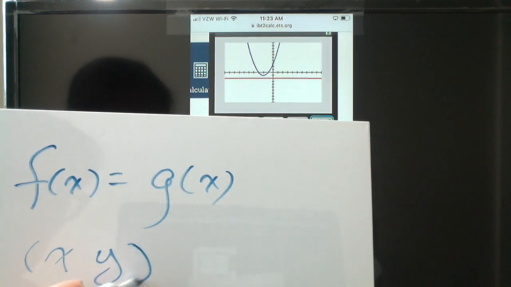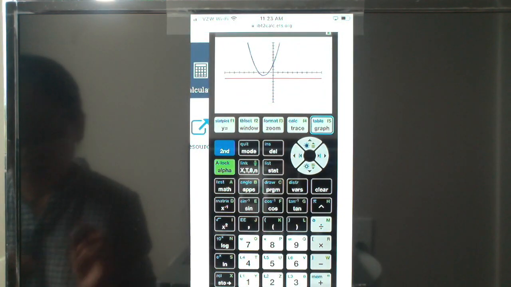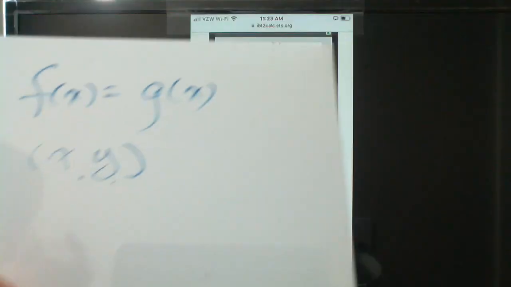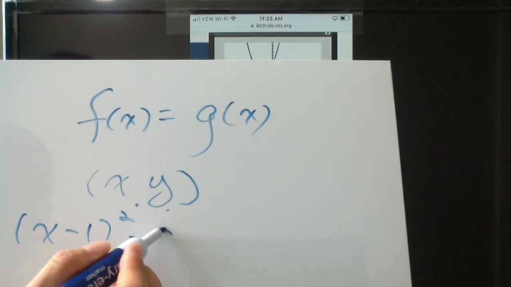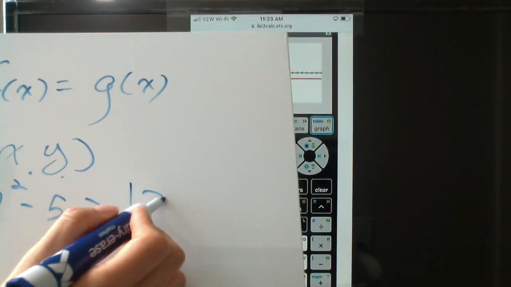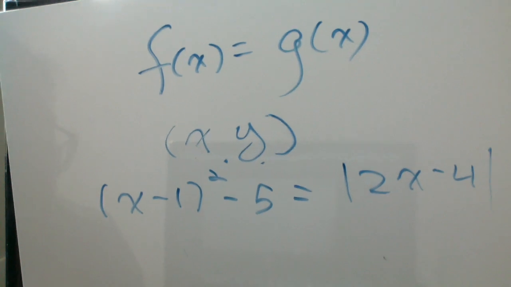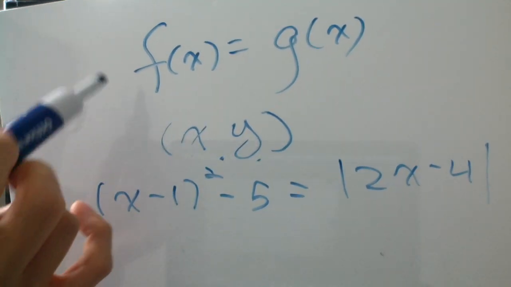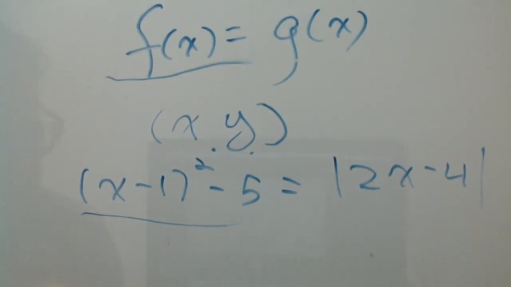It means they have the same x and y point somewhere where they meet. It's just same question. If they say like this or like this, it's same question.